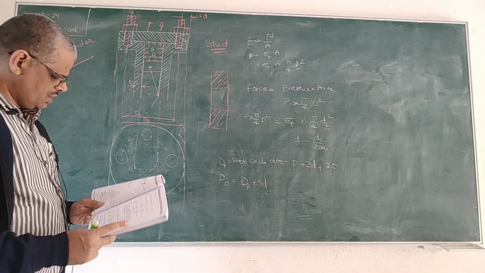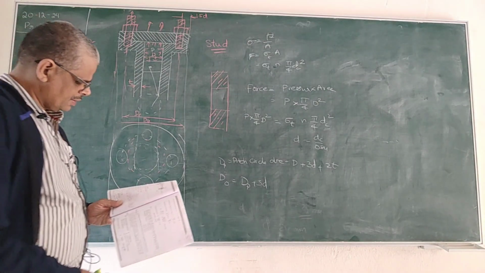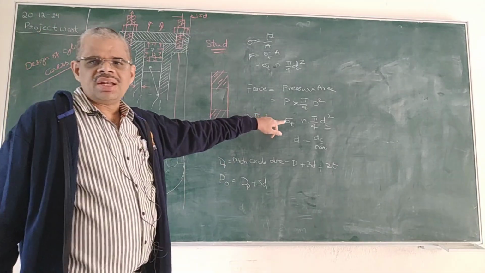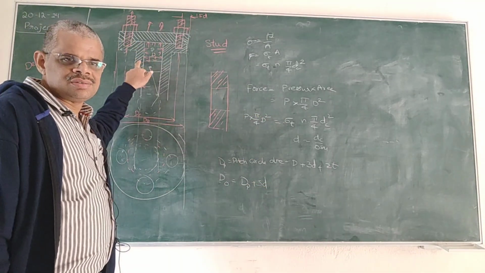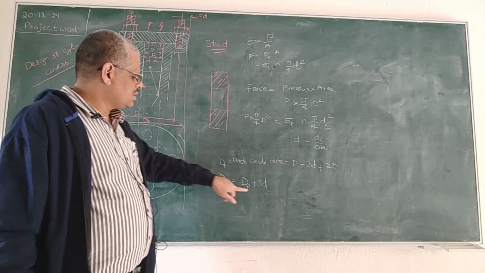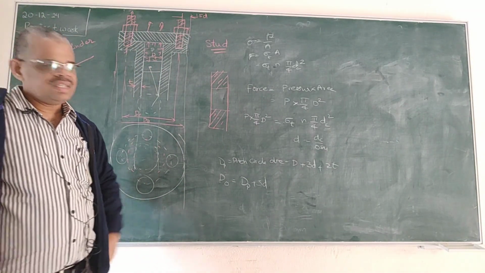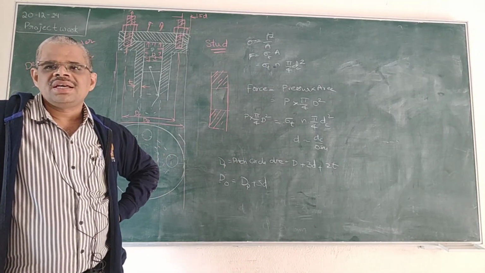So you have to determine these two things. Once you get the value of d, you can determine the pitch circle diameter and the outer diameter of the cylinder head. These things are to be determined for designing the cylinder covers.